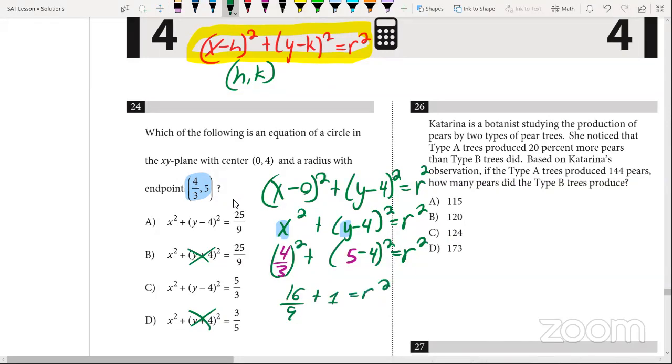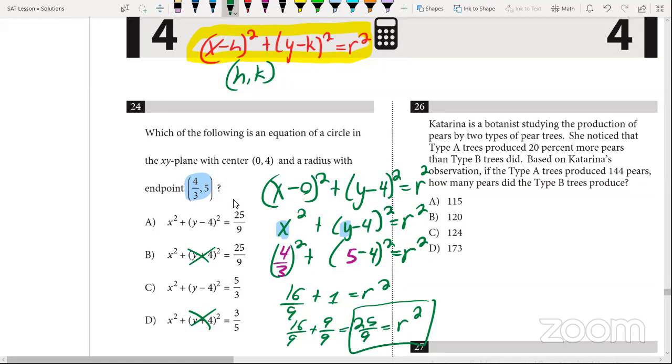Right, so we have 4/3 squared is 16/9, 5 minus 4 is 1, 1 squared is 1. So 16/9 plus 1, and 1 can be considered 9/9. So 16/9 plus 9/9 is going to give us 25/9, and that's r squared.